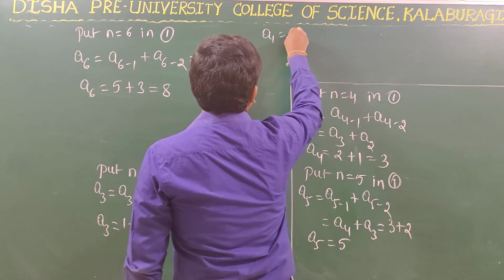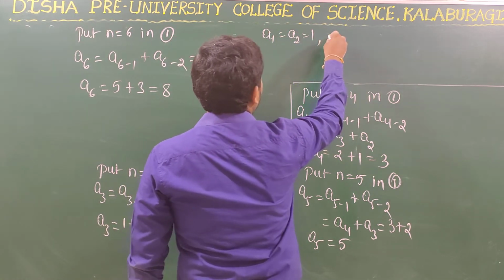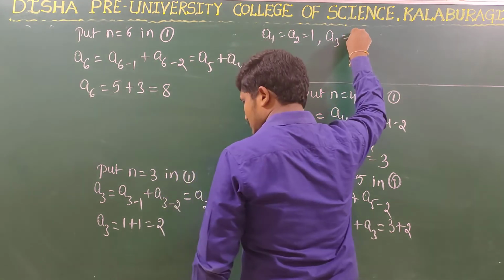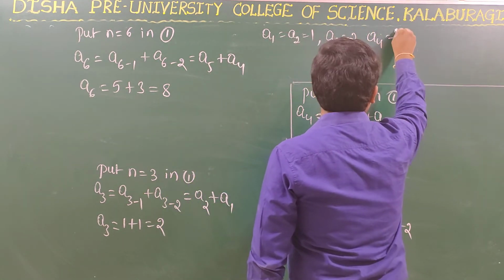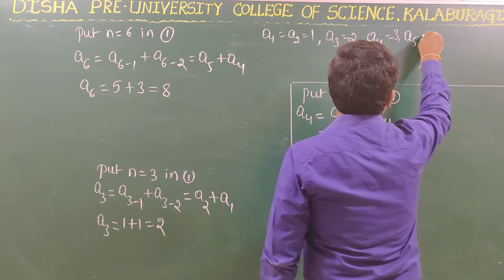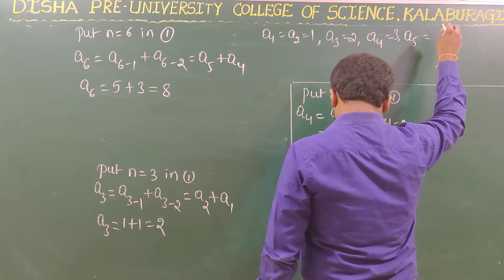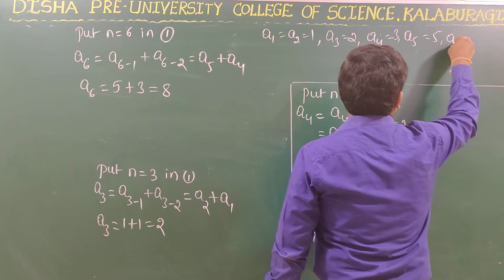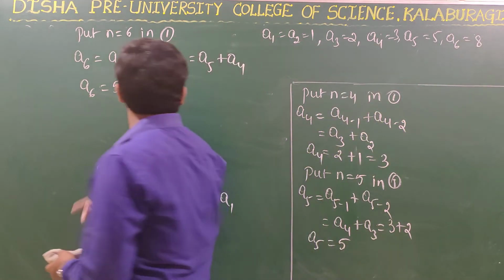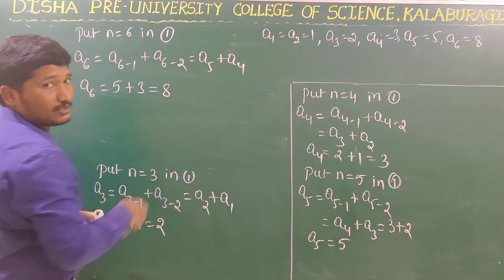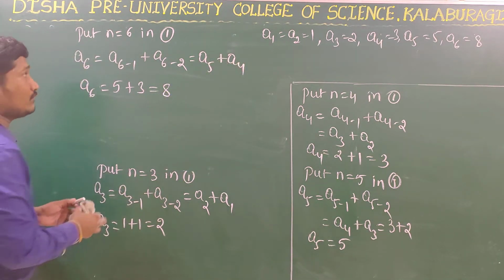A1 is equal to A2 is equal to 1. A3 is equal to 2. A4 is equal to 3. A5 is equal to 5 and A6 we have got 8. Right? So I have written that for reference while solving the given question.